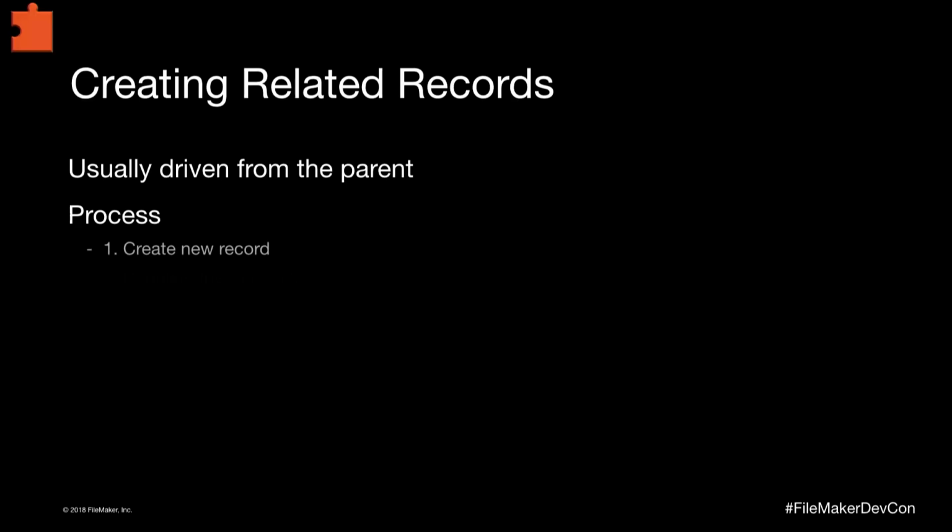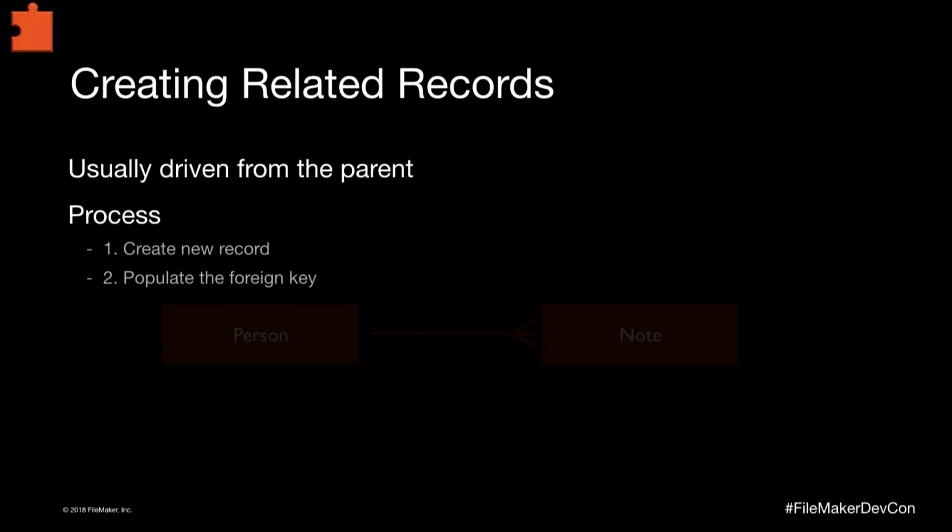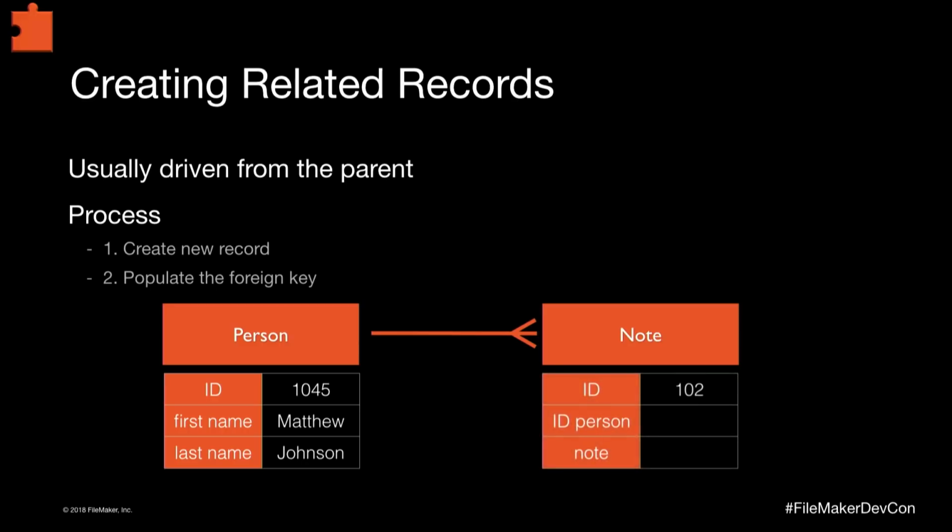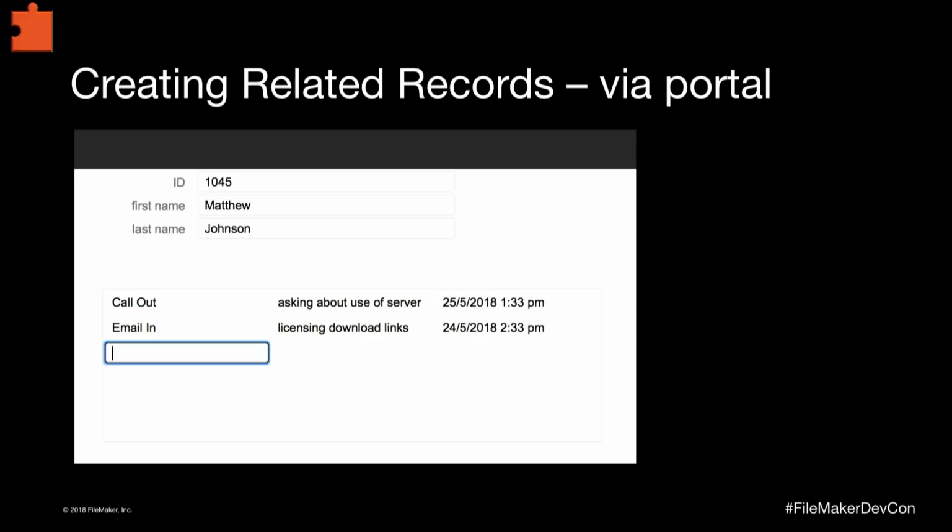So the process is one of creating a new related record, populating the foreign key. So here's Matthew's personal record and his primary key. We go off and we create a new note, and that gets given its primary key automatically. And somehow we're going to get the foreign key filled in to attach that note to Matthew Johnson. And then we fill in the details about the note.